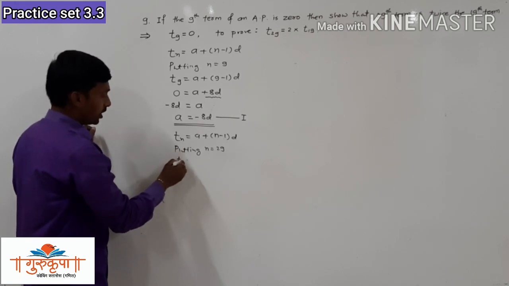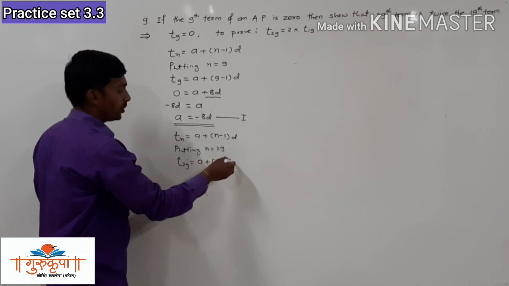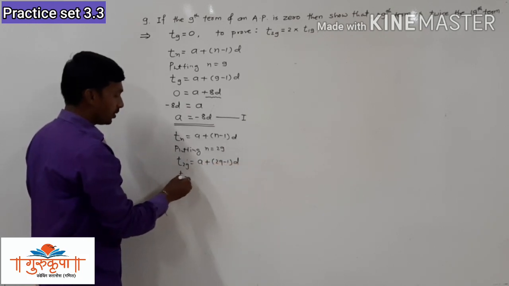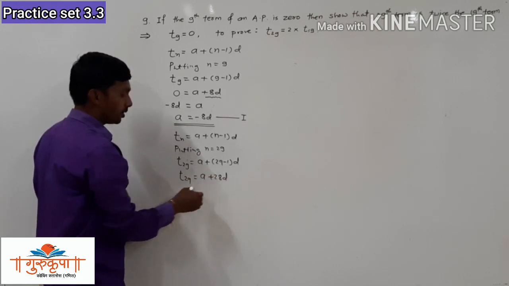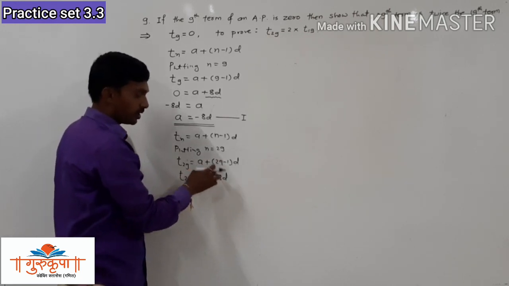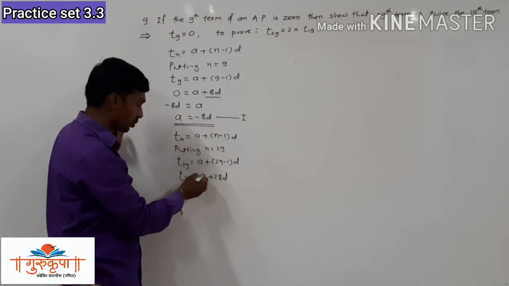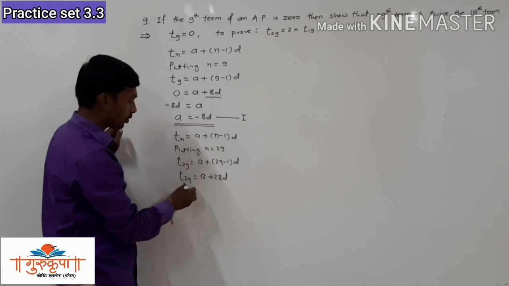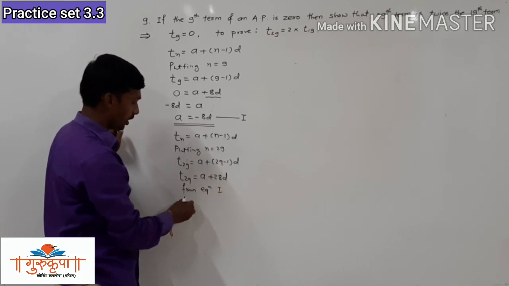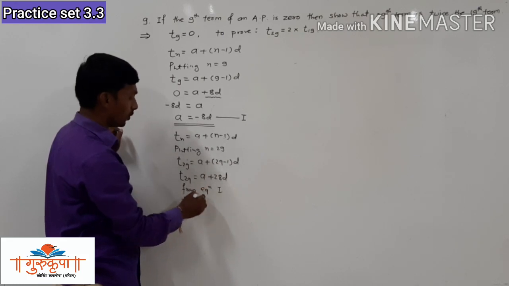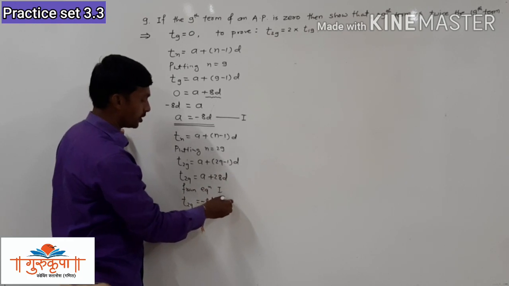Now T29 is equal to a plus (29 minus 1) into d, that is T29 is equal to a plus 28d. 29 minus 1 is 28, and we know the value of a from equation 1, that is minus 8d. So T29 is equal to minus 8d plus 28d as it is.